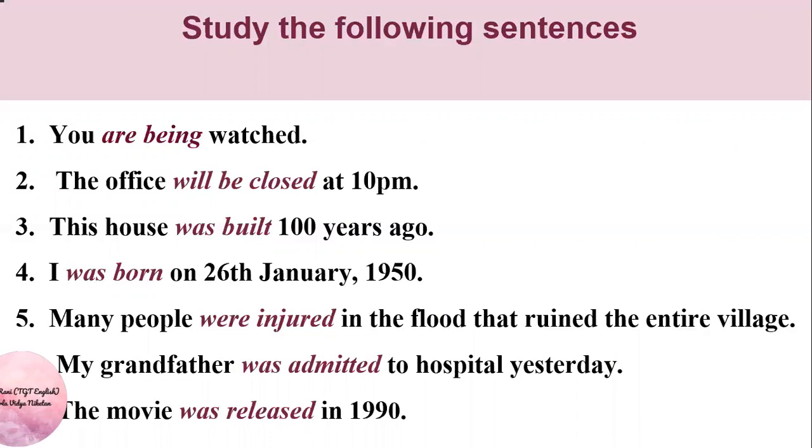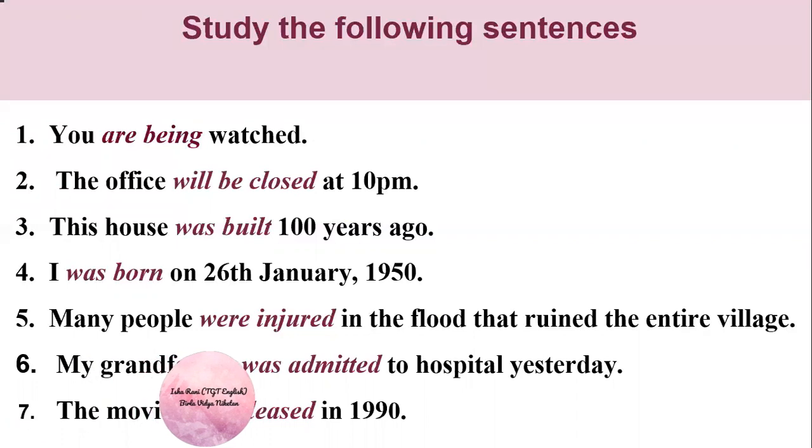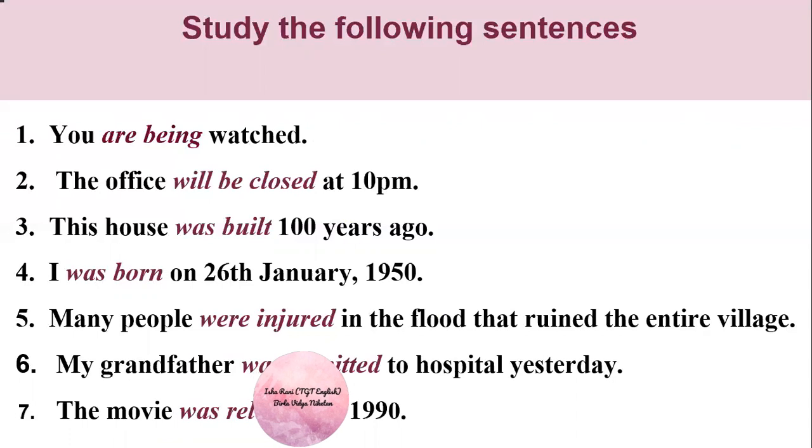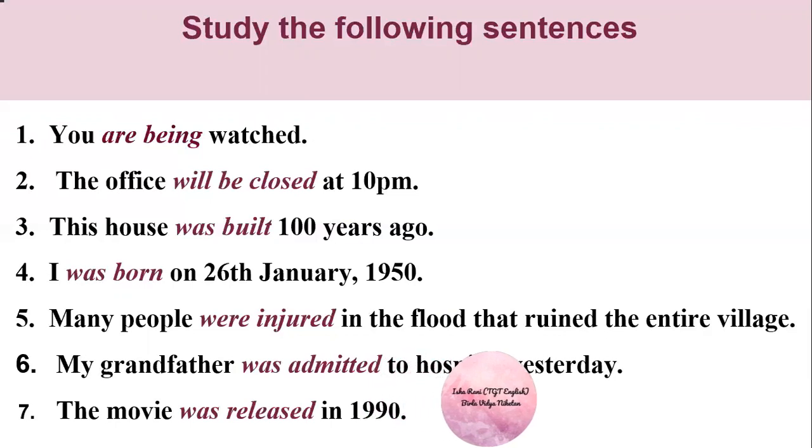I have more examples for you, like I was born on 26 January 1950. Many people were injured in flood that ruined the entire village. My grandfather was admitted to hospital yesterday. The movie was released in 1990. Students, you notice all the verbs in bold and italic are in passive voice.